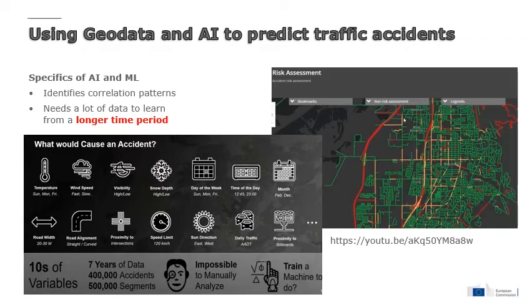So in this case, they analyzed more than 10 correlated parameters like temperature, wind speed, snow depth, day of the week, time of day, month, road width, road alignment, and so on. All geolocated in space across 7 years, which included more than 500,000 segments of streets, and it also included about 400,000 events of accidents.